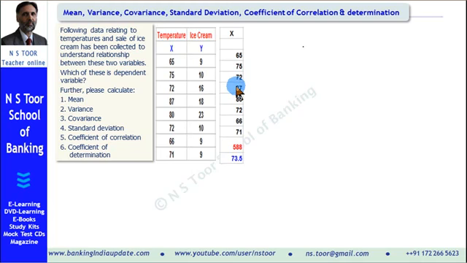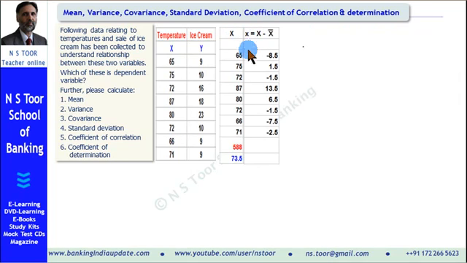After calculation of mean, we shall calculate the deviation from the mean. Deviation in respect of X is represented by small x. Small x is equal to value of X minus this mean. So X minus mean, this will be the deviation. 65 minus 73.5, we get the value minus 8.5. And this calculation we make in respect of all the observations.